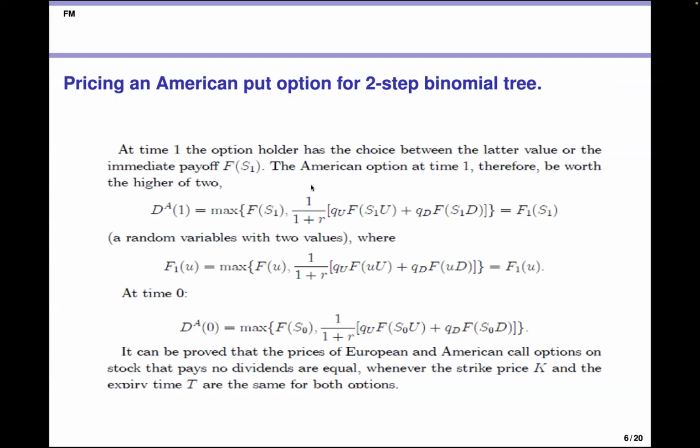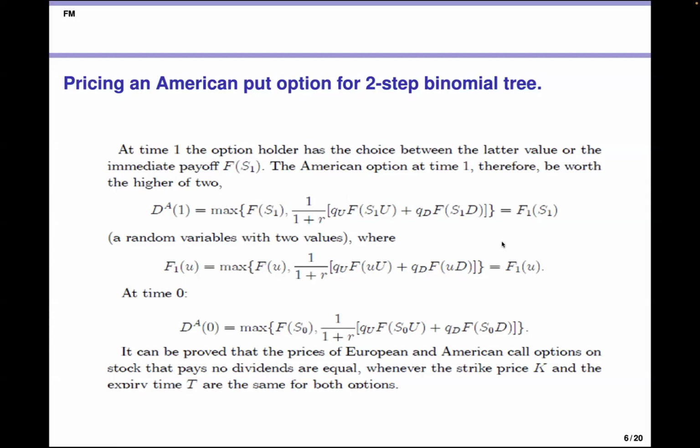At t equals 2 it is the payoff function, but at time t equals 1 it is the maximum between the immediate realization and the price of waiting, which is the discounted mathematical expectation. If we choose the maximum, we denote this value f1.